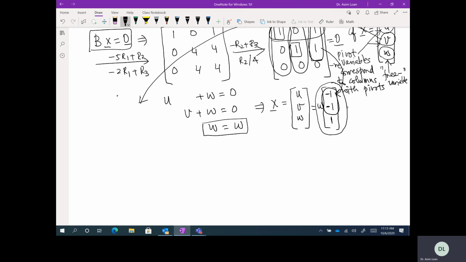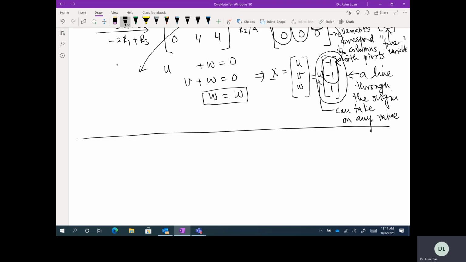So this is a line through the origin. Obviously, because w can be 0. W can take on any value. So this is a line through the origin. Okay.